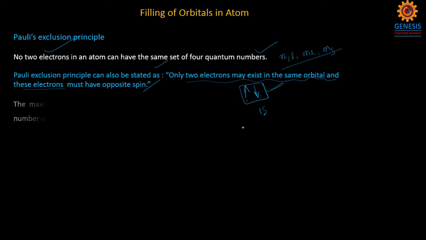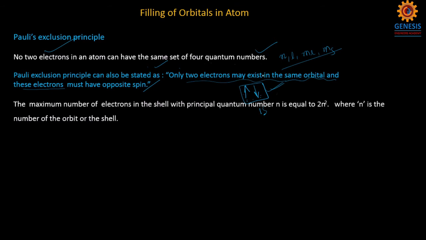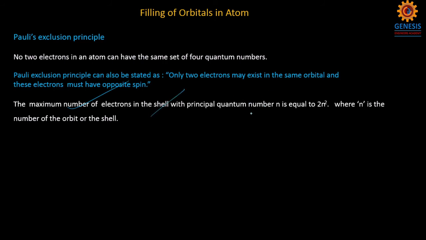Next, the maximum number of electrons. The maximum number of electrons in the shell with principal quantum number n is 2n square. If n is equal to 1, that is the K shell, the number of electrons is 2.